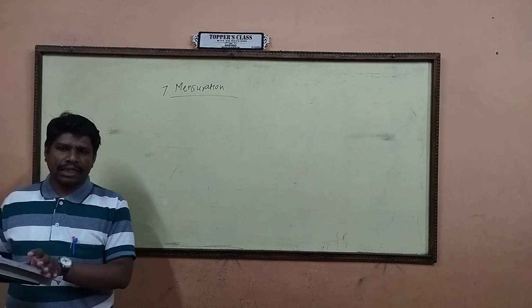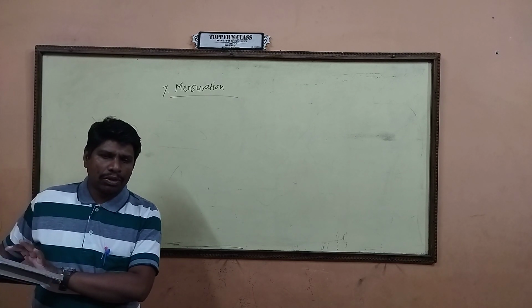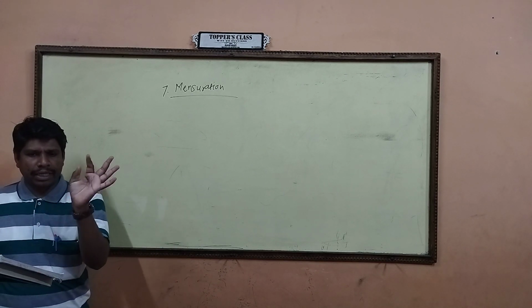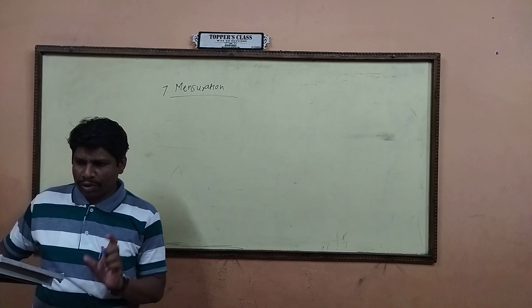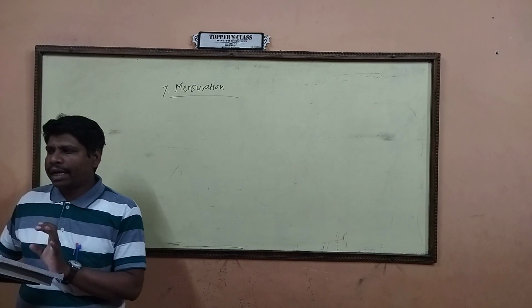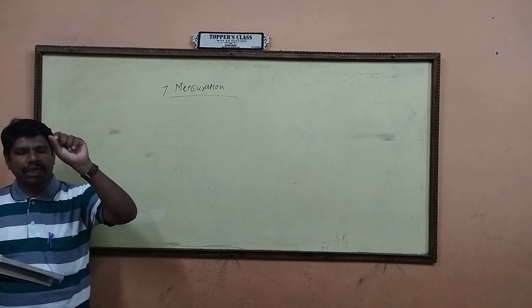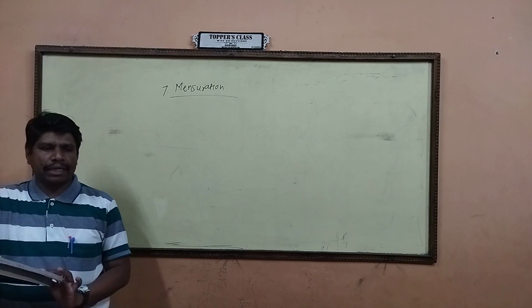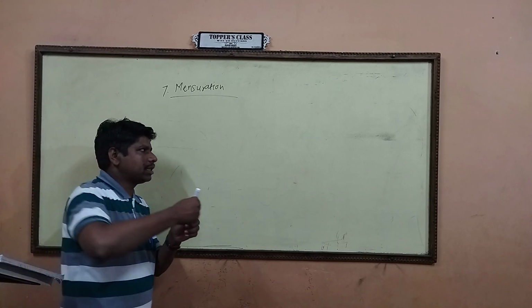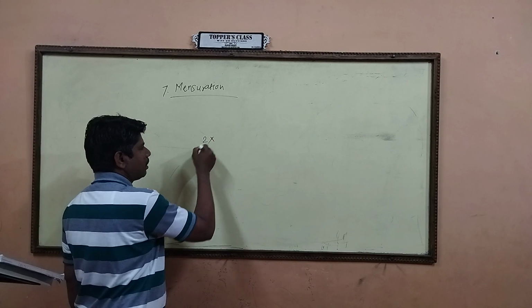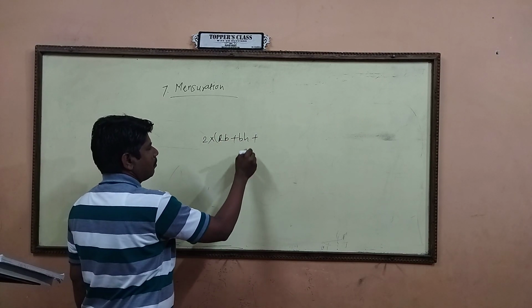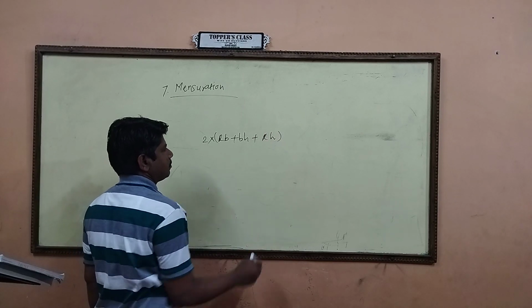Then the total surface area. For the cuboid, we have the length, the breadth, and the height. When we have to find the total surface area, we take 2 multiplied by (LB plus BH plus LH).